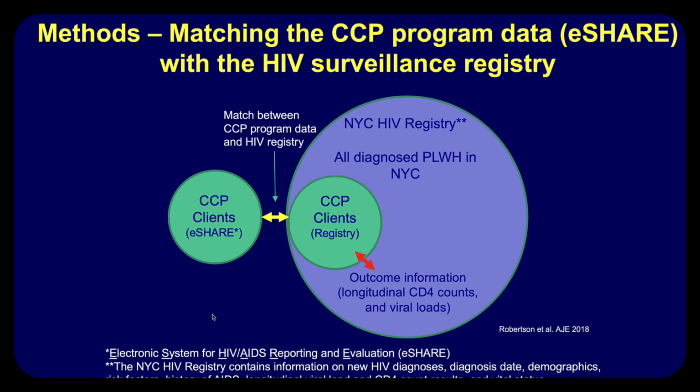And so yes, we can get this outcome information for both groups. And we can select from among this other group of people who we know did not enroll in the care coordination program a comparison group to do this effectiveness analysis. And I'll say a little bit more about how we did that. And in each case, the outcome information is gathered in the same way for each comparison group.